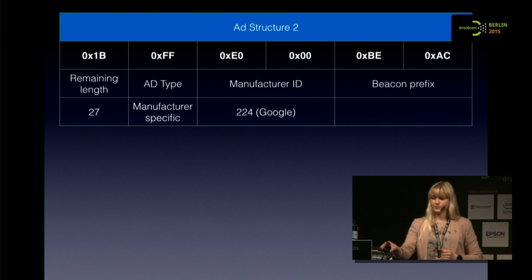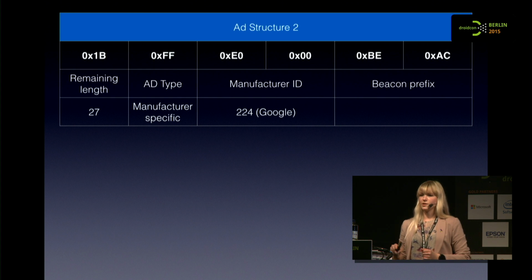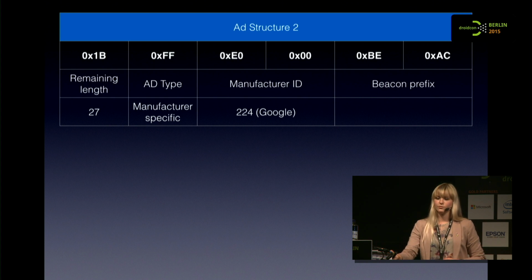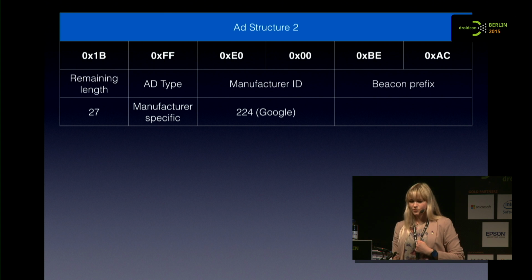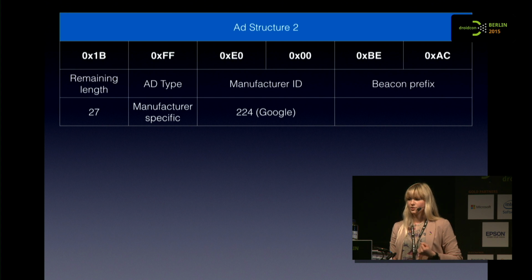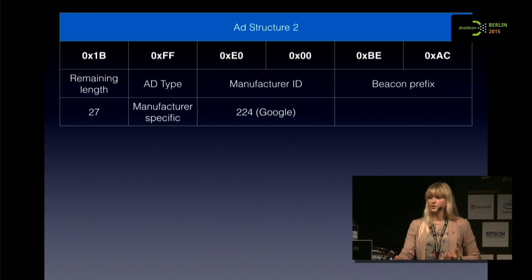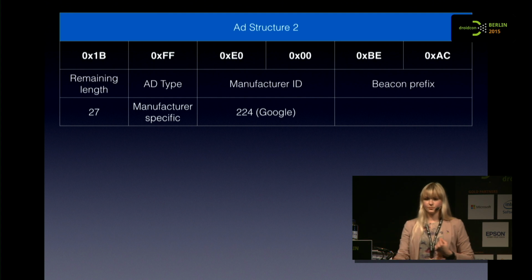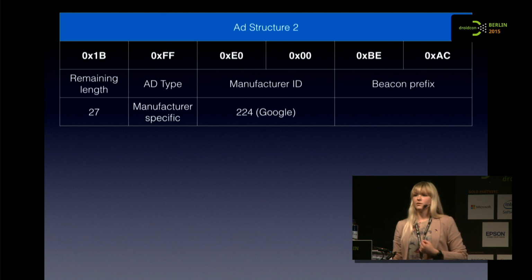For example, AltBeacons contain these two values equal to BE and AC. So when you create a filter for scanning devices, you can create a filter with beacon prefixes that equal these values, and you will scan only devices that are AltBeacons.